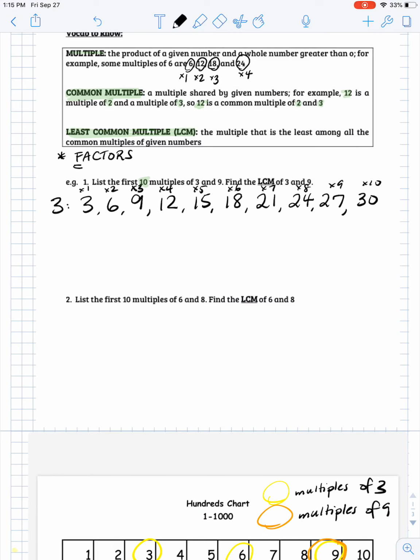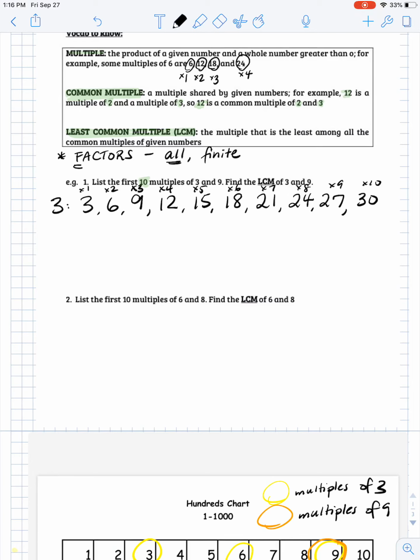You're always asked to list all the factors of a number. So think of factors as being all, okay? And it's finite, meaning factors are limited. The factors of a number are always limited, whereas multiples keep going on and on. So you're always asked to list a specific amount.